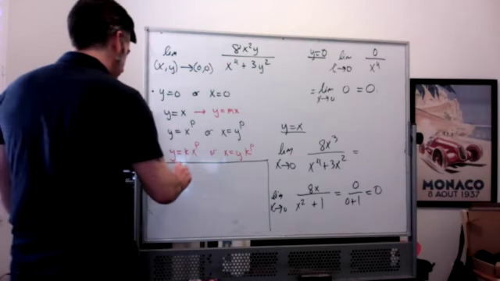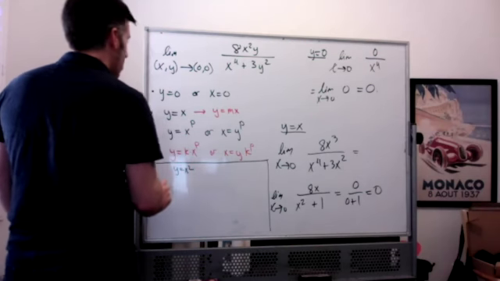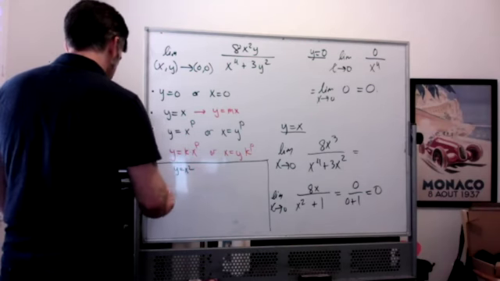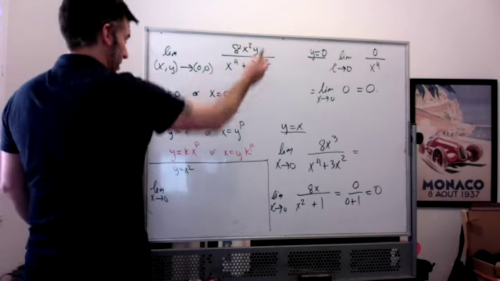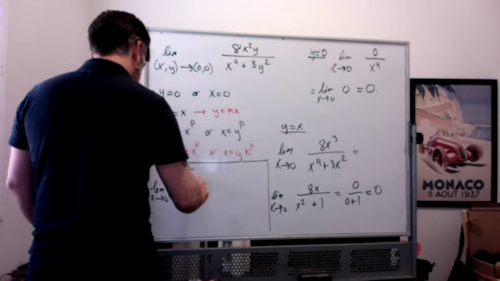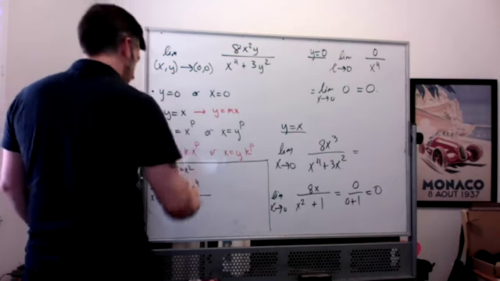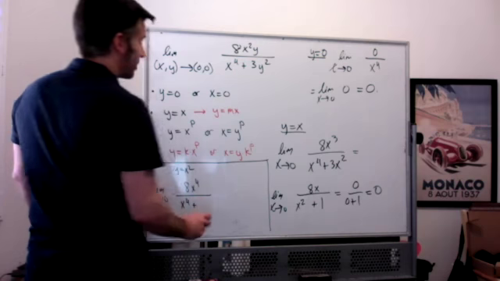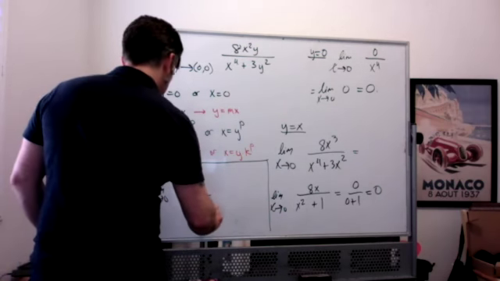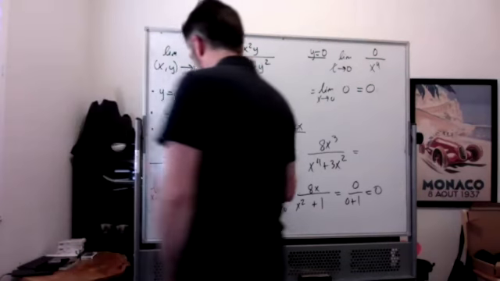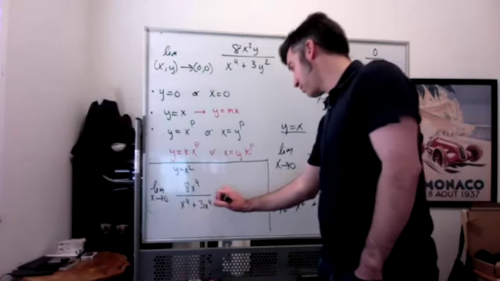So with y equal x squared, we're going to get the limit as x goes to 0 of 8x squared times x squared is x to the 4th, over x to the 4th plus 3x squared squared is 3x to the 4th. But this is just 8x to the 4th over 4x to the 4th.